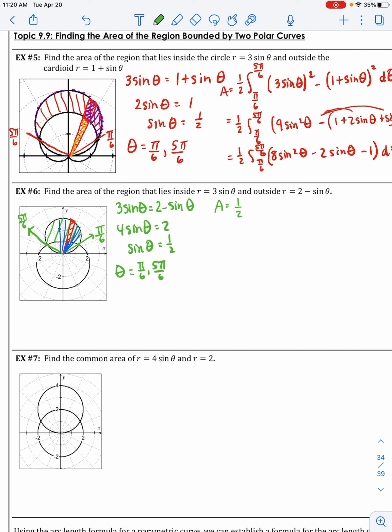So that's our plan. So we're going to say that the area is, and I'm going to bring the 1/2 out. This is going to be the integral from pi over 6 to 5 pi over 6 of our 3 sine theta squared minus our 2 minus sine theta squared d theta.